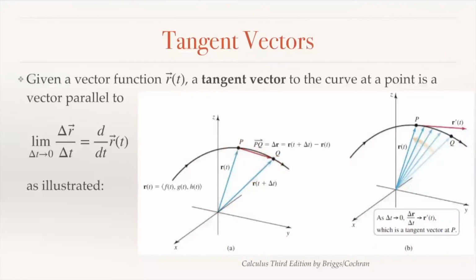So we have delta r over delta t as a tangent vector to the curve. Here's an illustration of it getting closer and closer and resulting in what we call r prime of t, which is a synonym for d dt of r of t.